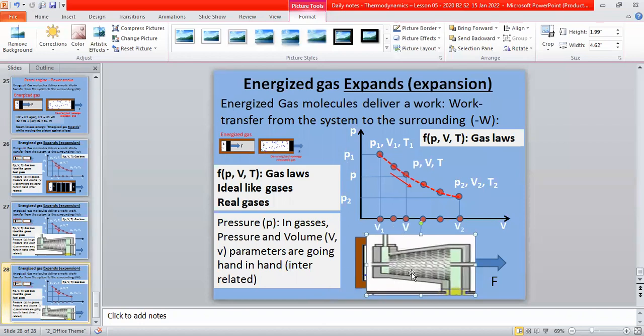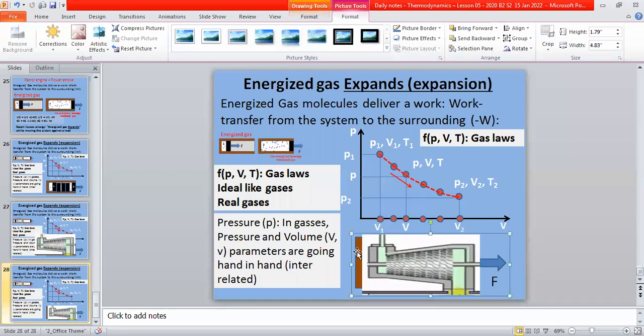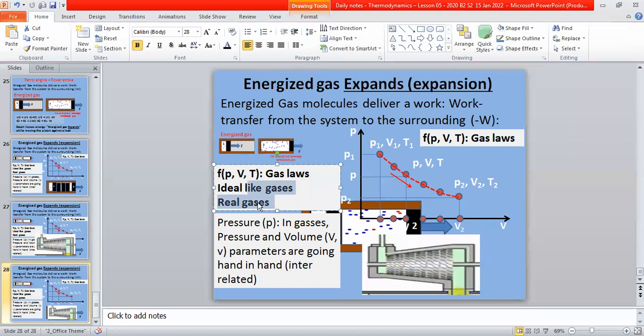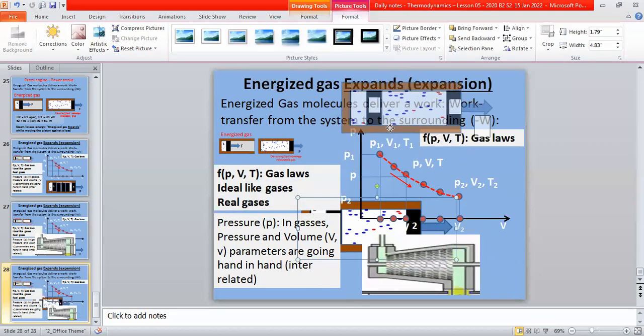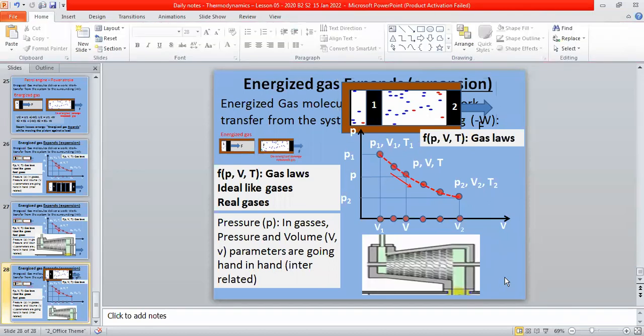Same. Initially V1, finally V2. Same like this. See, finally V2.